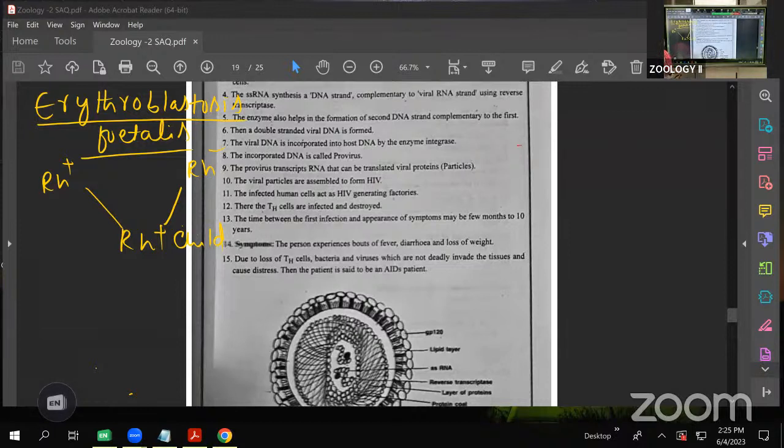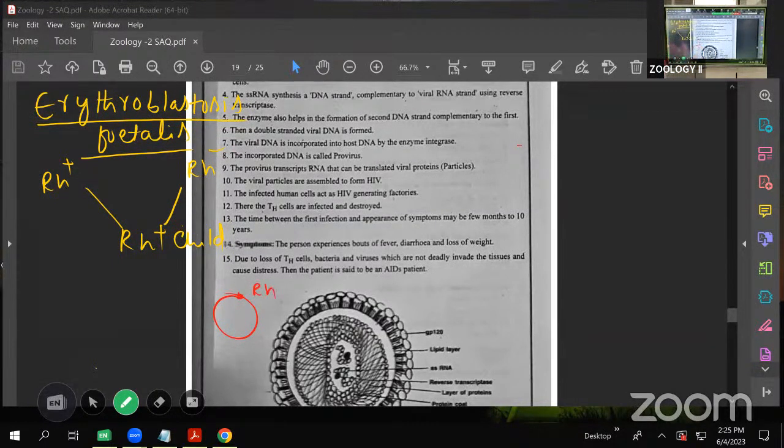Additionally, one more antigen is present that we call the D antigen, also called the rhesus antigen. It was found in the rhesus monkey. That's why it is called the rhesus antigen. This is also present on the RBC only. D antigen is also called the Rh antigen.